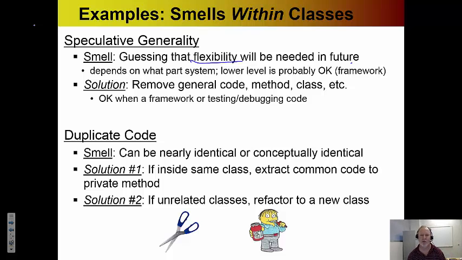So I'll start adding in a more generic parameter list, I'll add in a few more, I'll write some abstract classes and interfaces, because I may need those additional abstractions later. You don't actually have a requirement for it. You don't know, but you think you do. So, guessing that flexibility will be needed.